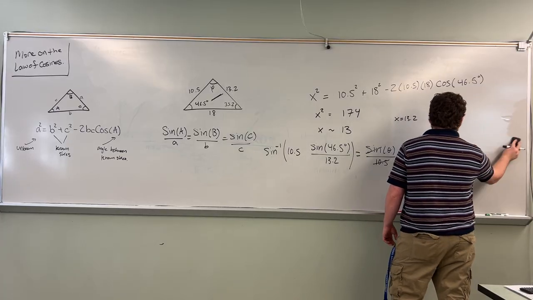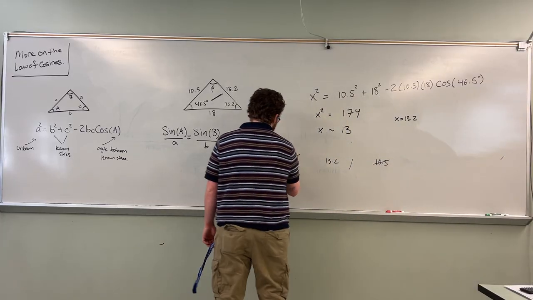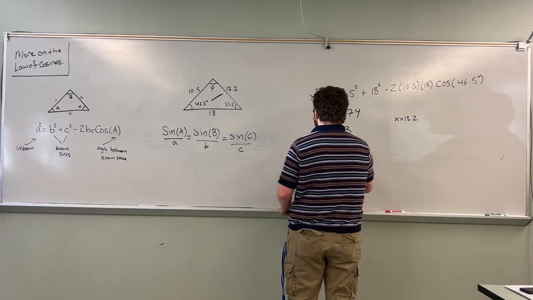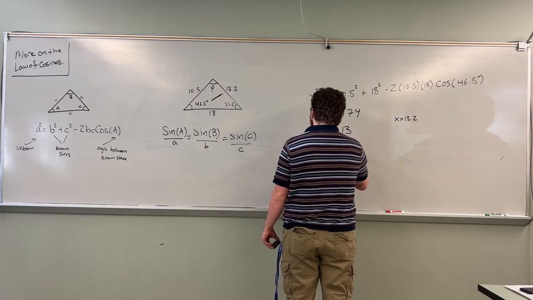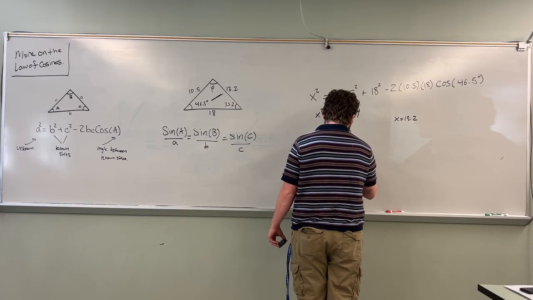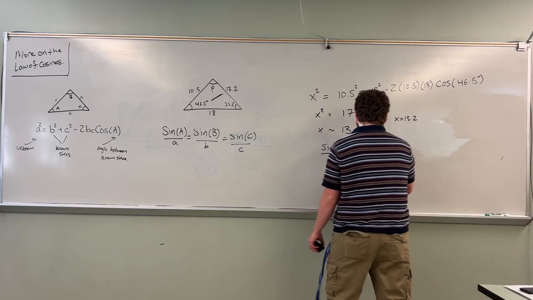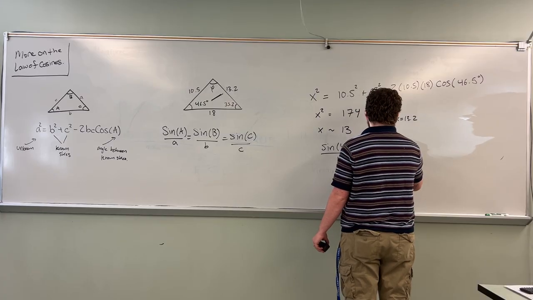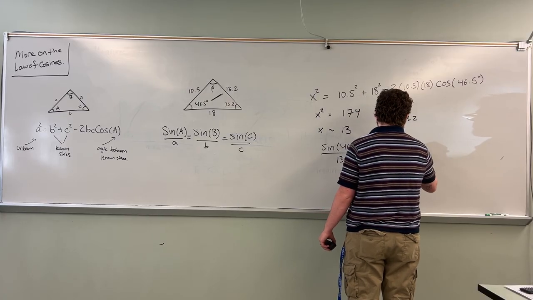Alright, so that was for theta. Now for solving for phi, I have sine of 46.5 degrees divided by 13.2 equals sine of phi over 18.